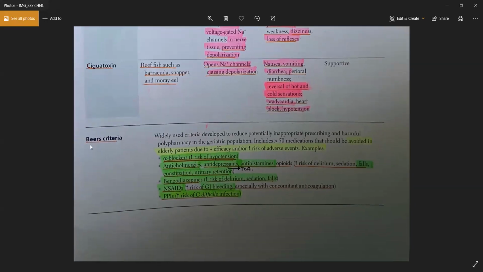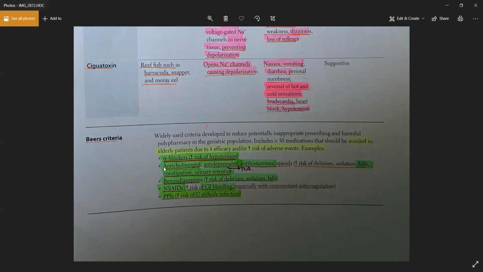Then comes the Beers criteria. It includes all those agents which you need to avoid in the old age groups. The first are the alpha blockers, which can cause the increased risk of orthostatic hypotension, so you always need to avoid the alpha blockers. The anticholinergic agents can cause the glaucoma or the increase in the intraocular pressure in case of an old age patient.